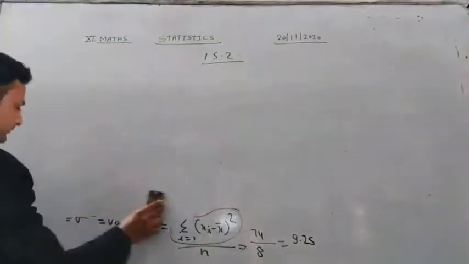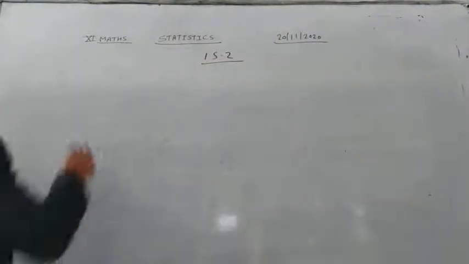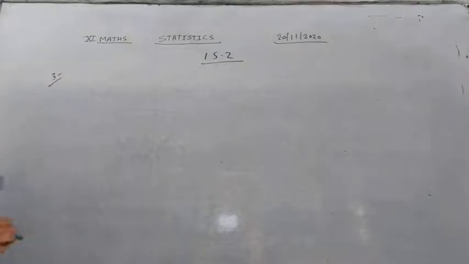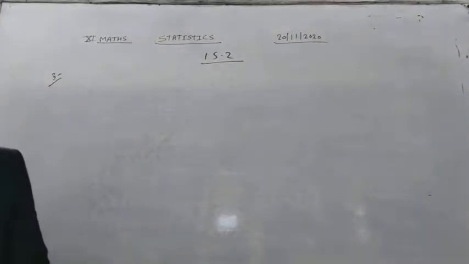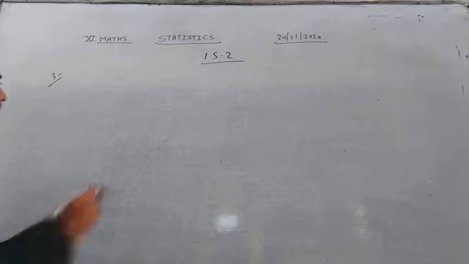Question number 3, which is: find the mean and variance of the first 10 multiples of 3.